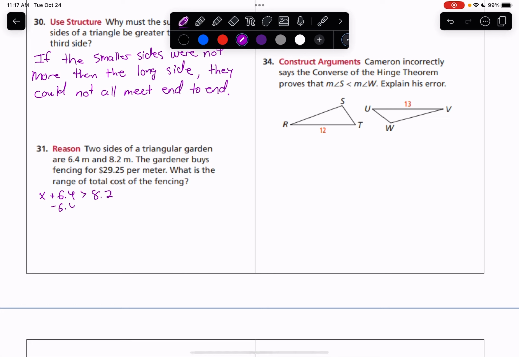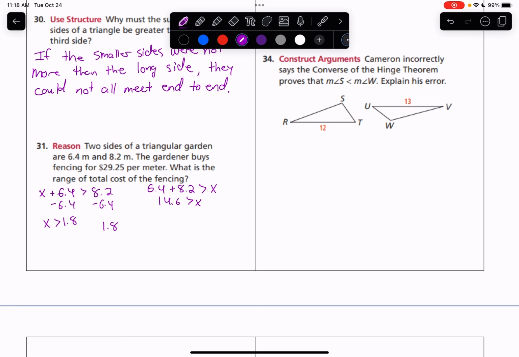So subtract 6.4 from each side. 8.2 minus 6.4 is 1.8. So x would have to be greater than 1.8. And if x is the longest side, that means 6.4 plus 8.2 has to be greater than our long side. So 6.4 plus 8.2, that's 14.6, is greater than x. So x needs to be between 1.8 and 14.6.